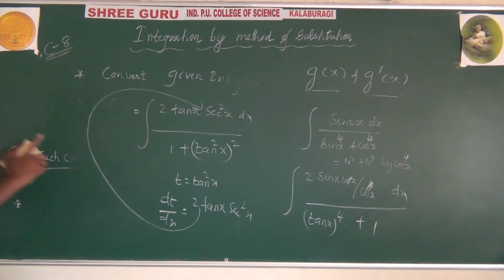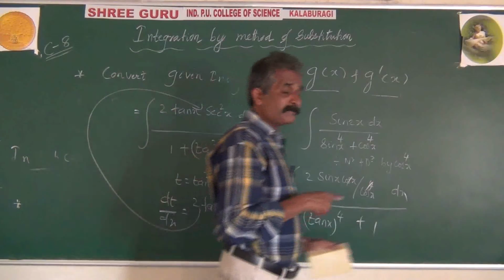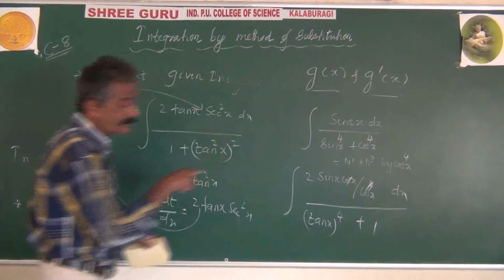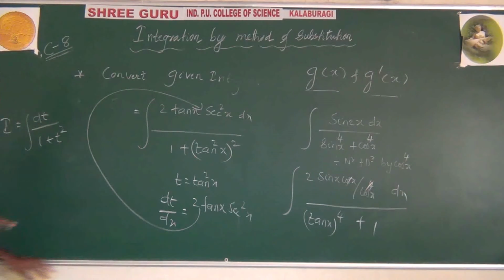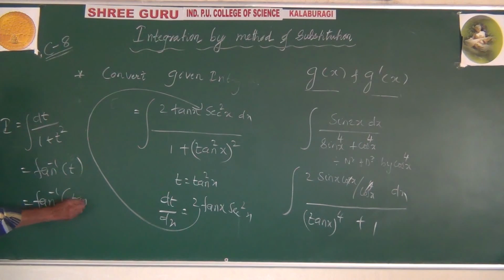So in this problem we took some suitable steps so as to get into the method of substitution, and after that step our problem becomes integration of dt divided by 1 plus t square. What is the integration of 1 by 1 plus t square? Tan inverse of t. Replace back the value of t. And what is the t value? The t value is tan square of x, plus constant.